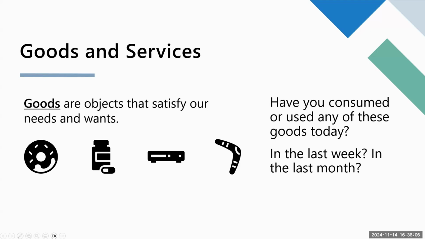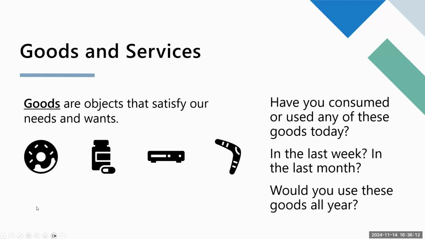Sometimes goods and services aren't always familiar to us, but they're still goods and services. And then would you use these goods all year? I mean, we're assuming the boomerang could be used year round. My lived experience ends there. So you're having these conversations, you're talking about goods, have the kids list different goods they can see in the classroom.